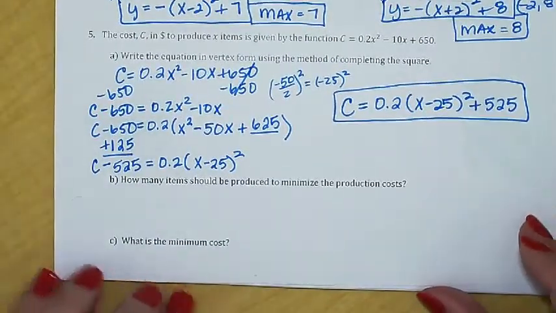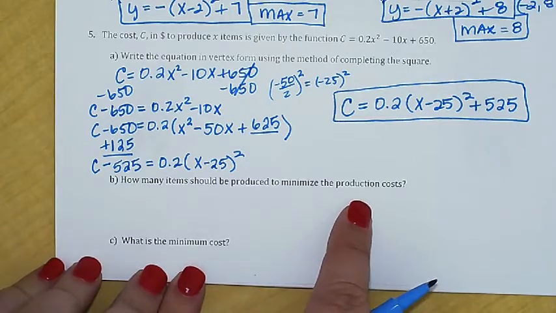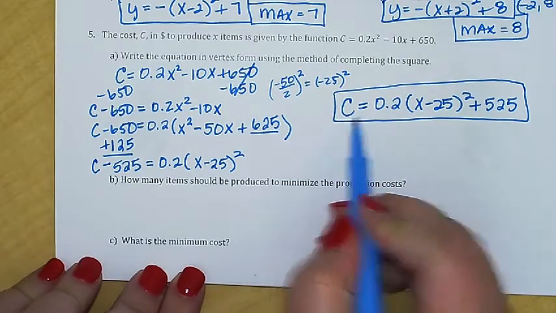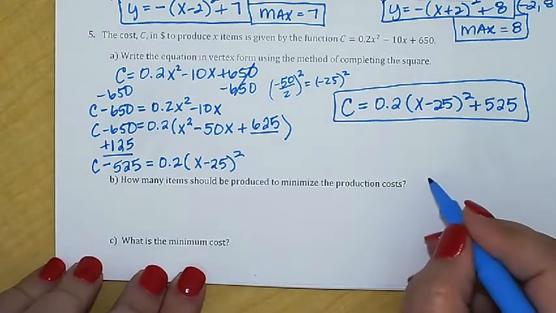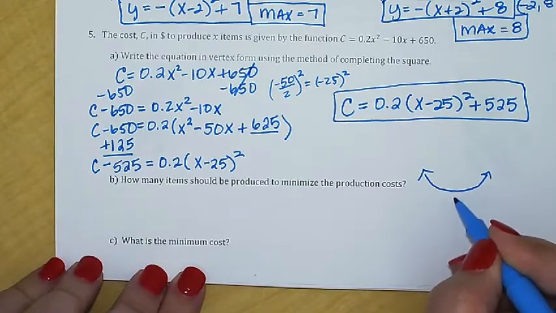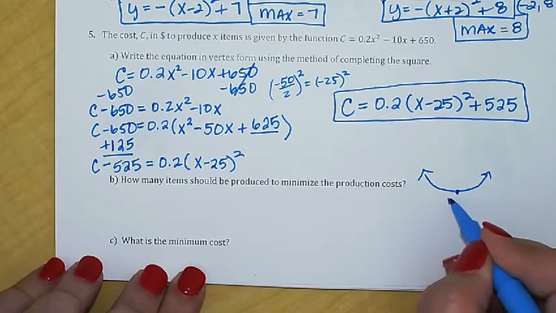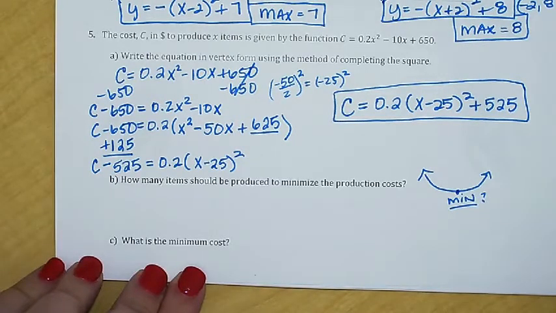So there it is. Then it says how many items should be produced to minimize the production cost. So again, this represents a cost based on how many items you produce. So if it's this parabola that opens upward, we want the cost to be at its lowest point. So we basically want to know what is the min. That's what this is really asking.